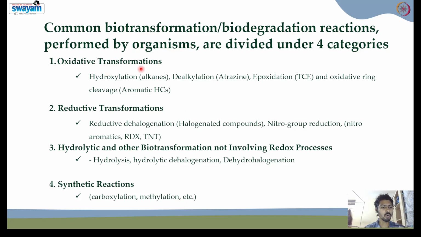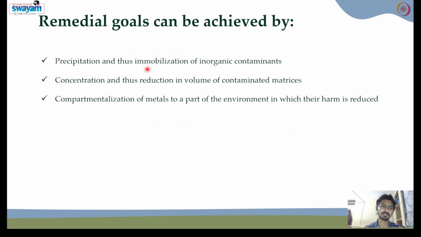So these are the four strategies: oxidative transformation, reductive transformation, hydrolytic and other biotransformation, and the last is synthetic reaction. These four different strategies show us that microorganisms act as environmental guardians, helping clean up the pollutants that humans created and released into the environment. So these are the four important reactions that occur during biotransformation or biodegradation.